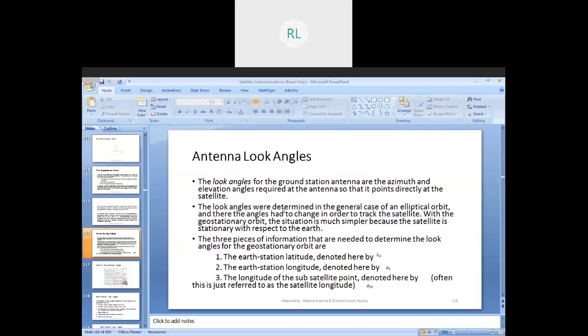Now, the look angles were determined in the general case of an elliptical orbit, and there the angles had to change in order to track the satellite. With the geostationary orbit, the situation is much simpler because the satellite is stationary with respect to Earth. That's the reason we place it in geostationary orbit.